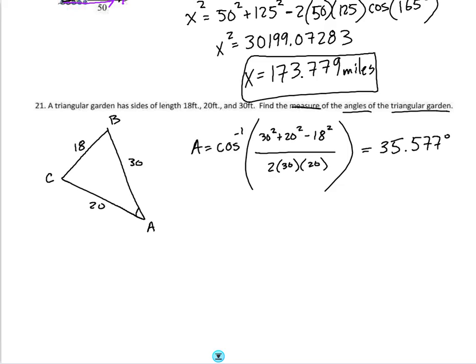Alright, and then I want to start with the next smallest angle, so that'd be angle B. Cosine inverse. And again, all I have to do is switch a couple numbers here. Because if I'm standing at angle B, I want to use 18 and 30 and find their sum. So I'm going to switch the 20 and the 18.